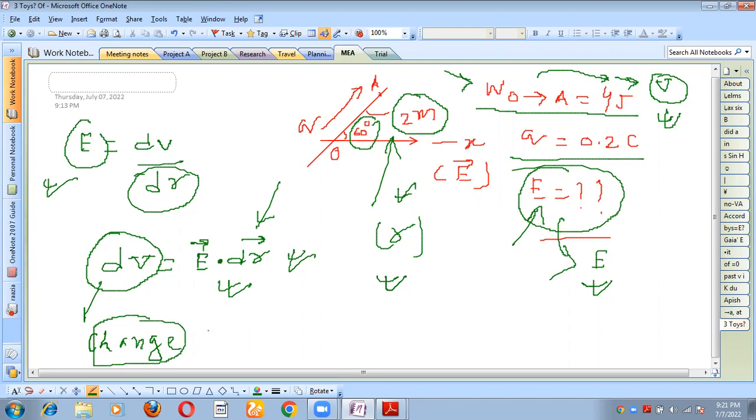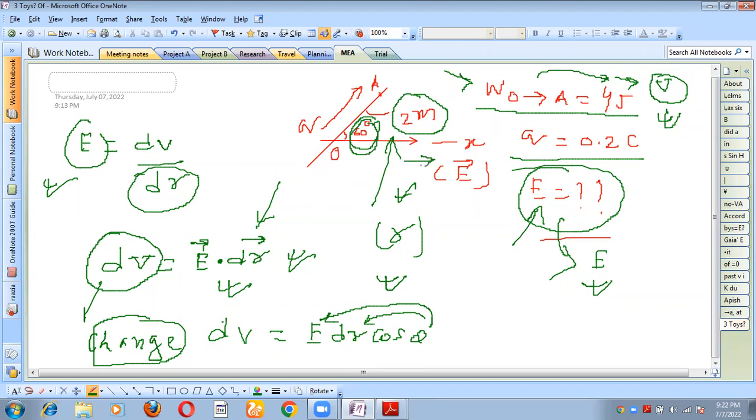Understood? Yes, sir. So here, we will write dV is equal to E dot dr. It means E dr cos theta, where theta is the angle between the electric field and the displacement. Now, if you see in the question, what is the angle between electric field and displacement?